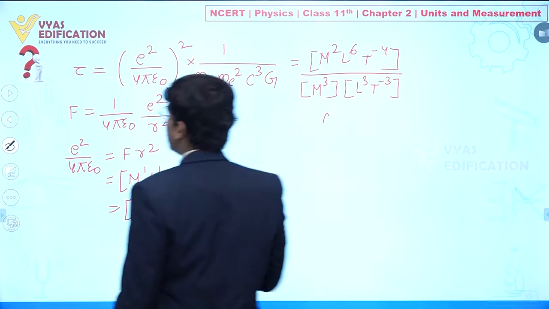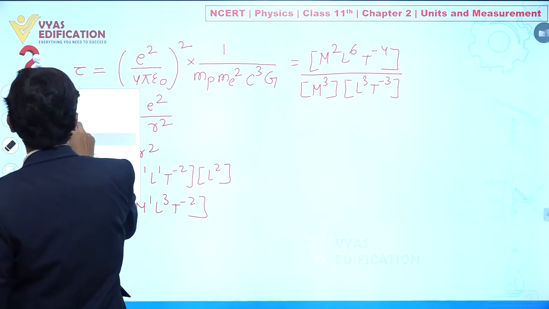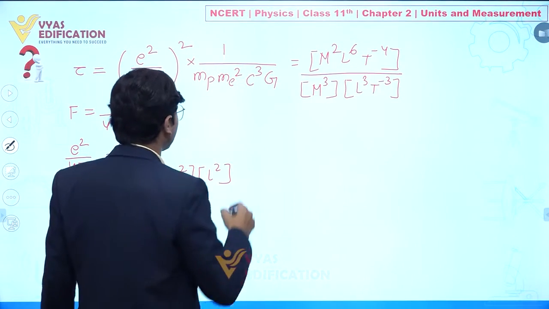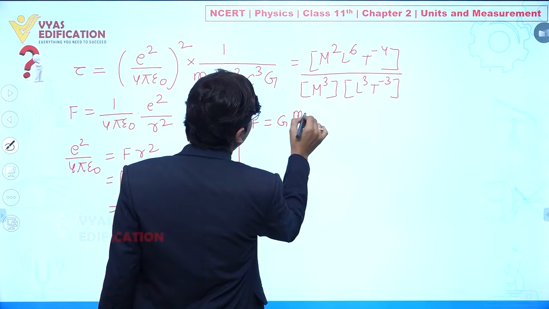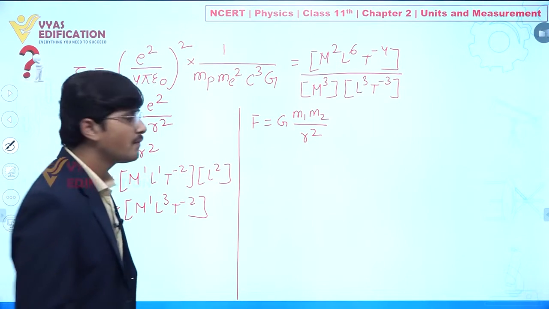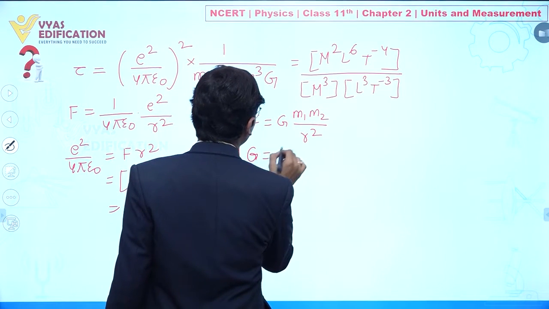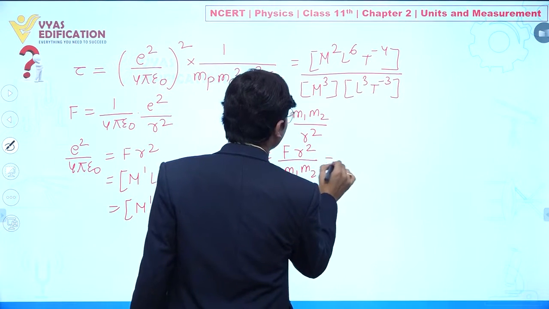And what about the dimension formula of the gravitational constant? Clear? How can we find it? We know Newton's law of gravitation, F is given by G M1 M2 upon R square. So from here the dimension formula of capital G is given by F r square divided by M1 M2. Clear?